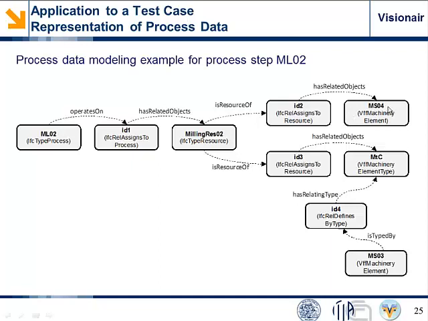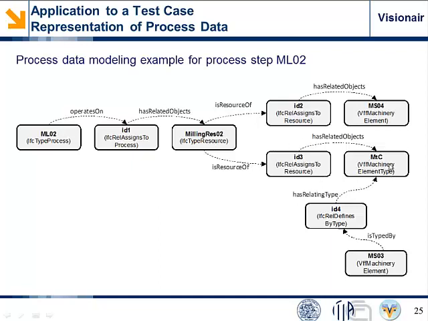So I can say that a specific machine called MS04 is able to act as a provider of this service, or a different way of saying the same thing is saying that a class of machines, a class called machinery element type MTC, is able to provide that kind of service.